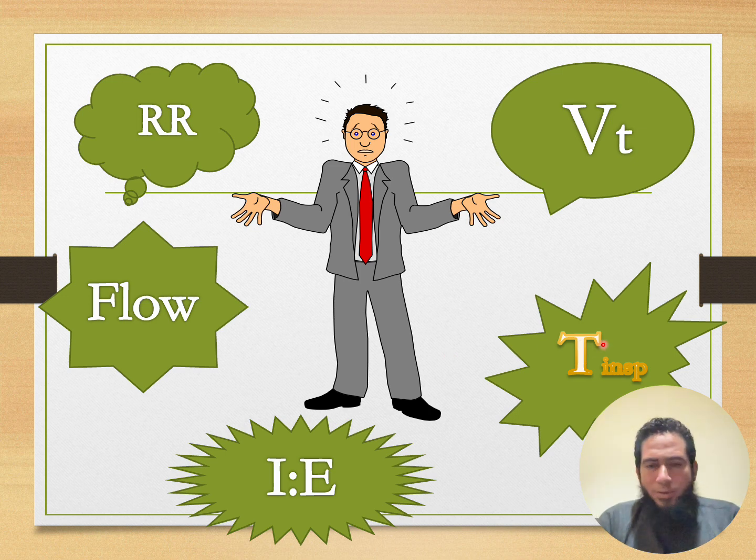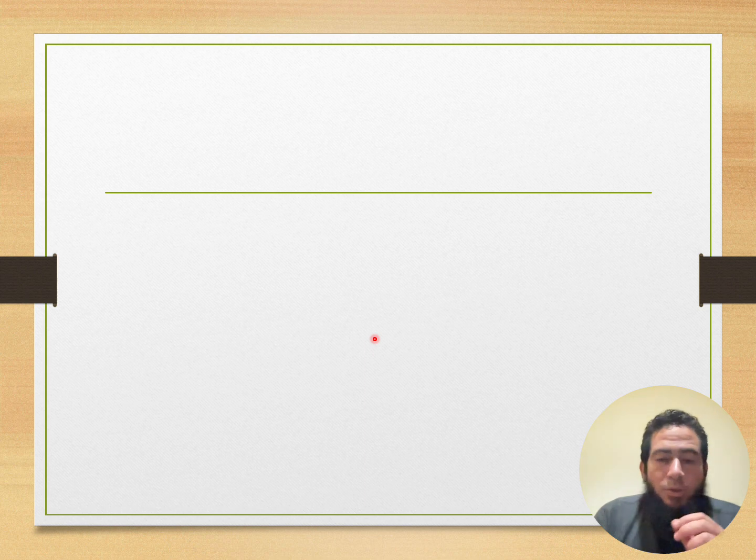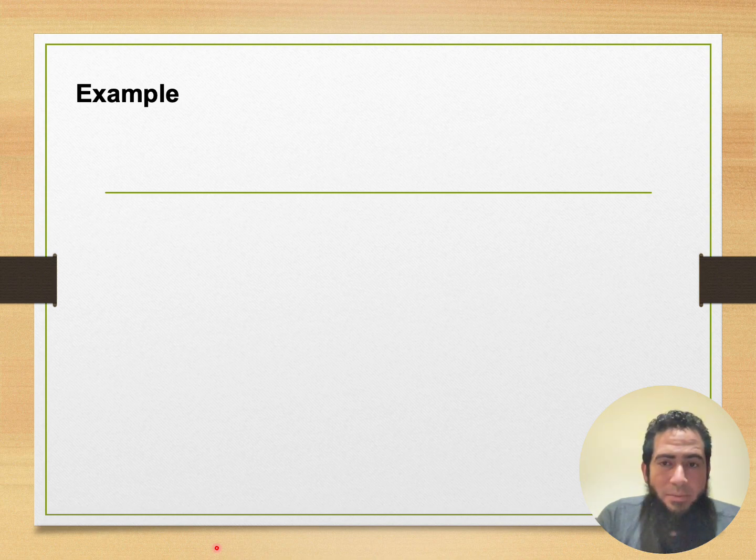It's a bit difficult to explain this without an example. So that's why we will take the first example, to understand this step by step. So this is the first example we will have.